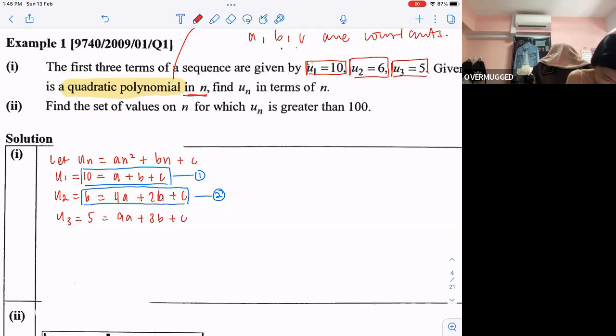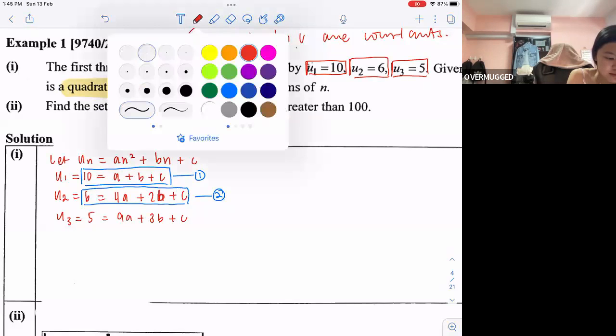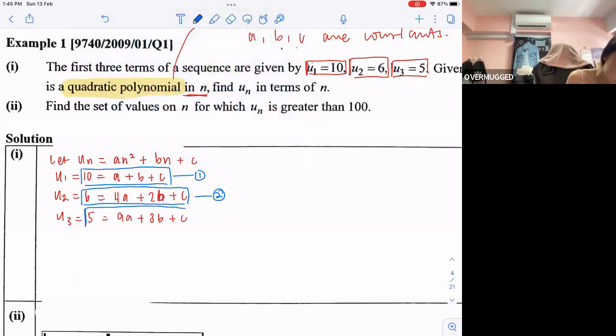Sorry, this should be a b. And this is my third equation. So now I have 3 equations and I have 3 unknowns.